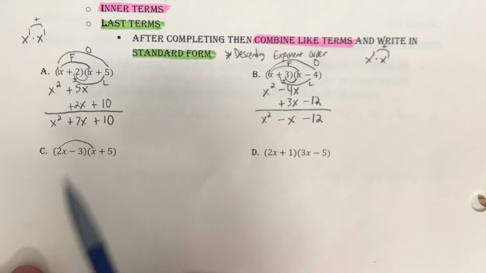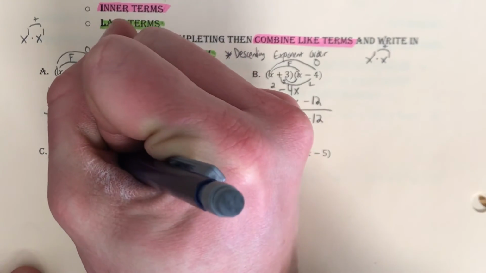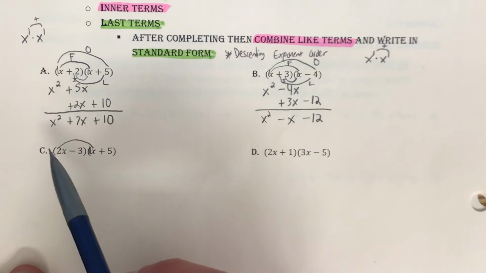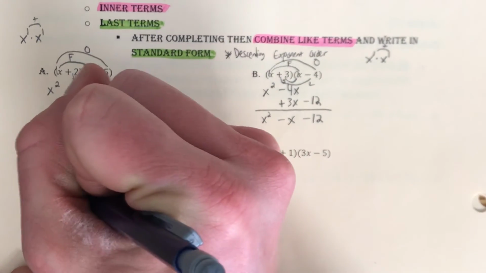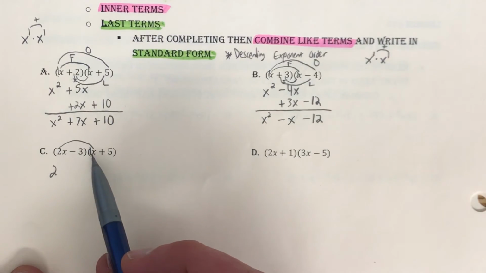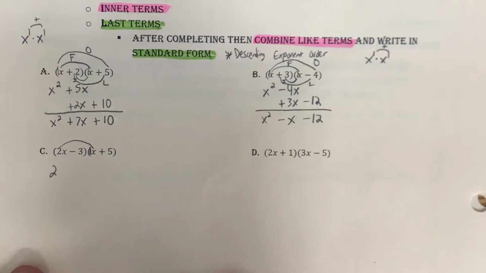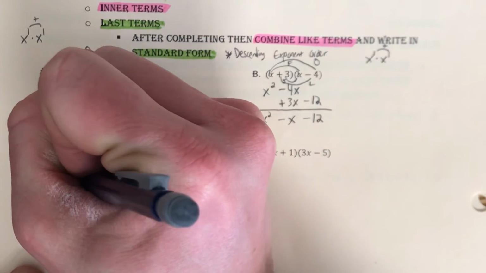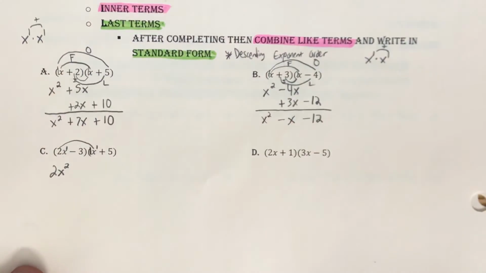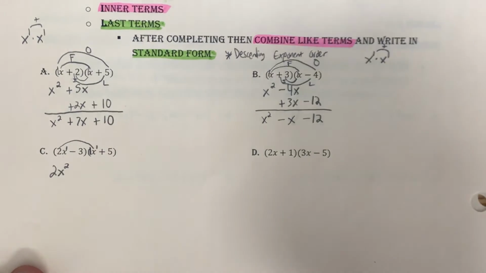This one does not have one listed, so that means its coefficient is 1. So start with multiplying the numbers. 2 times 1 is 2. And then x times x, again, add those exponents of 1 here. And 1 plus 1 is 2, so 2x squared is the first term.